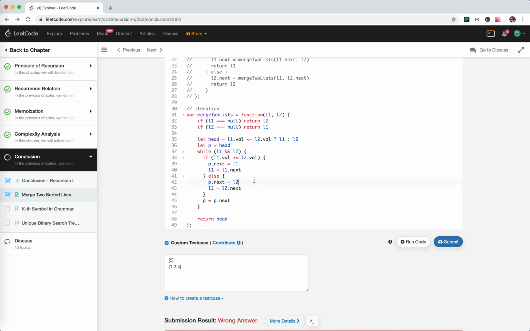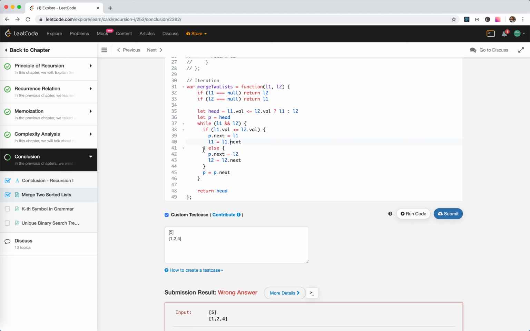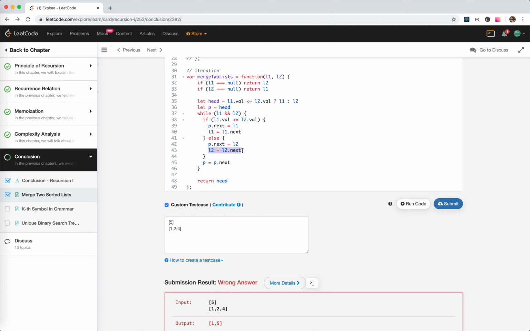Still not accepted? Head? Okay. Because L2 is smaller, p next equals L2, and L2 equals L2's next, and p equals p's next. Okay, and then we check it again. L1, L1, L2, L2.